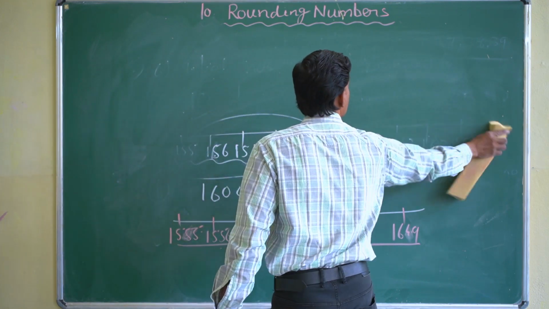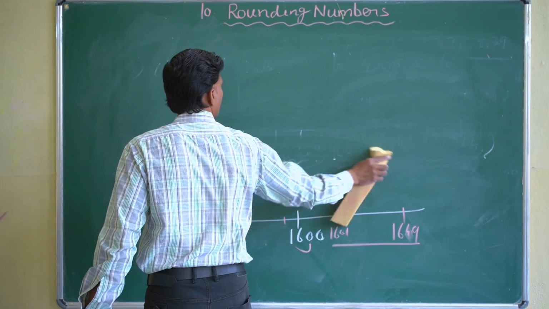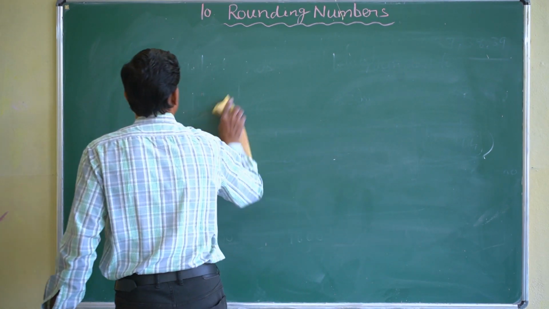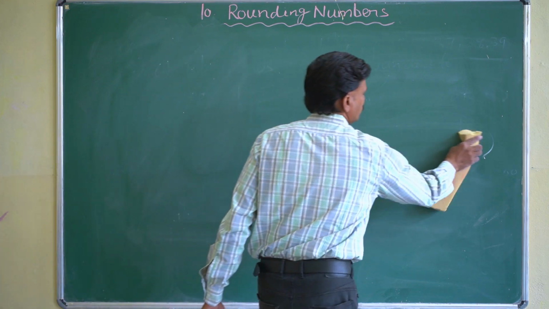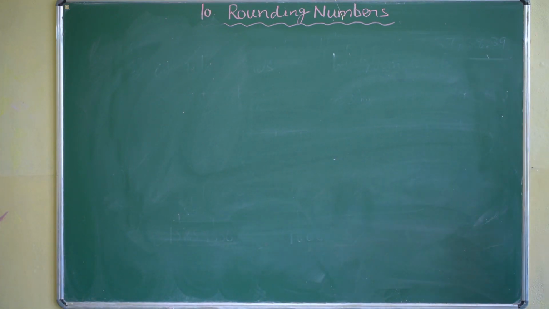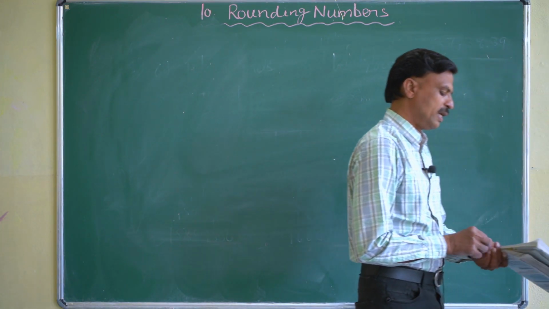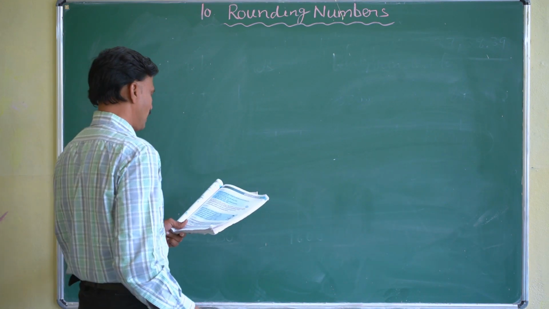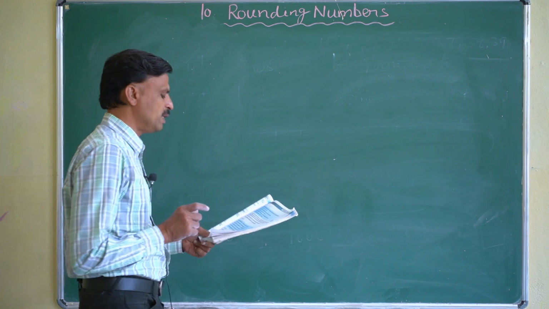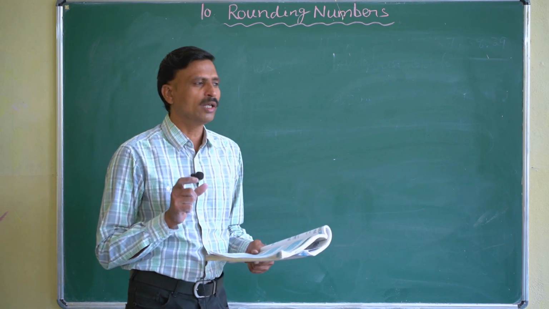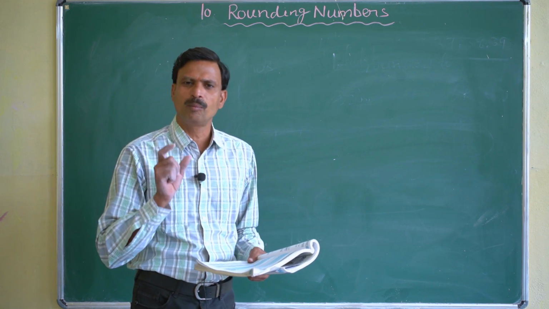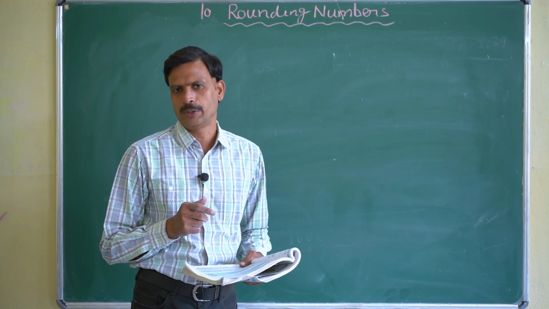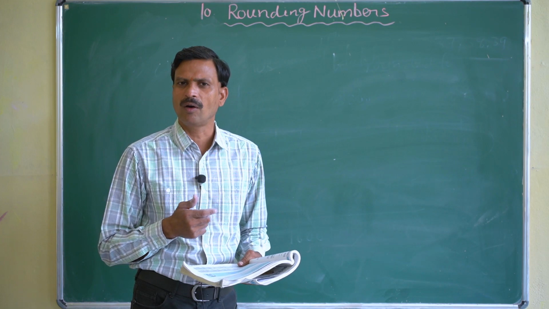I am taking a question, you will understand better, right? If we are taking one significant figure, there will be one digit, the other digits will be 0. That is the meaning of significant.